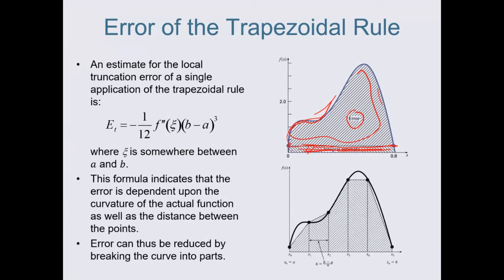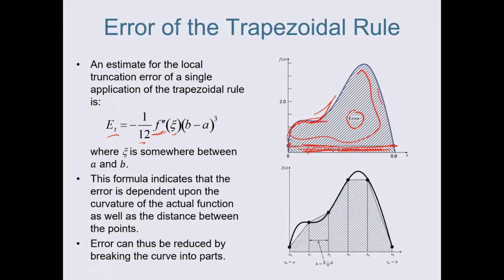If we find the error estimate, then the absolute true error comes out to be minus 1/12 second derivative at a point xi. Remember what we mean by xi. Xi is, we say that between point A and B we'll have at least one point where the slope of the function is exactly the same as the straight line joining the two points.